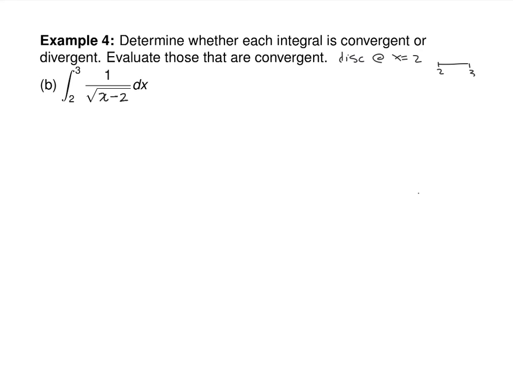So we've got to figure out what happens as we go at 2 from this side. So in this case, we take a limit as b goes to 2 from the right, because we're looking at numbers that are slightly bigger than 2. So b to 3, 1 over root x minus 2 dx.